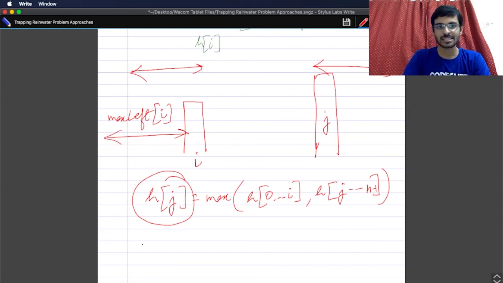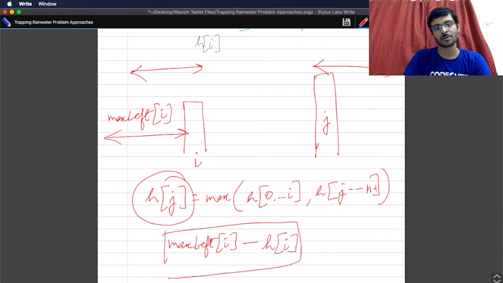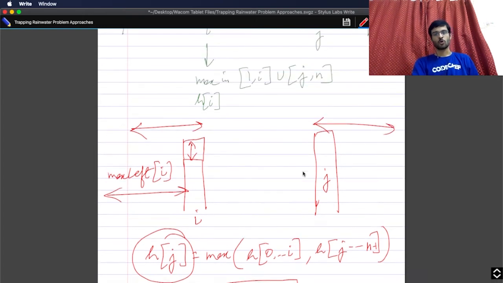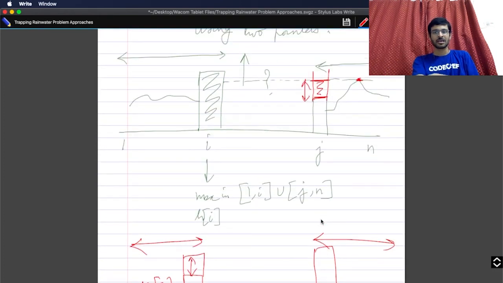So I can simply say that the height that can be stored is max left of i minus h[i]. This is the amount of water that can be stored above it. So if we have this kind of two-pointer arrangement, then the rest of the thing is easy.